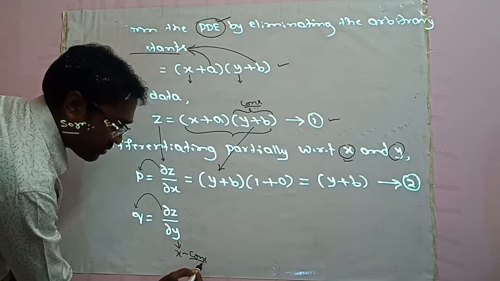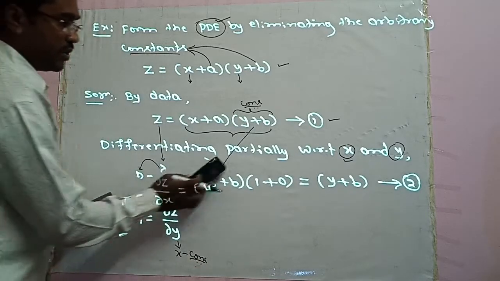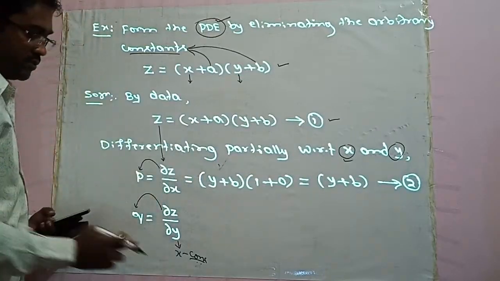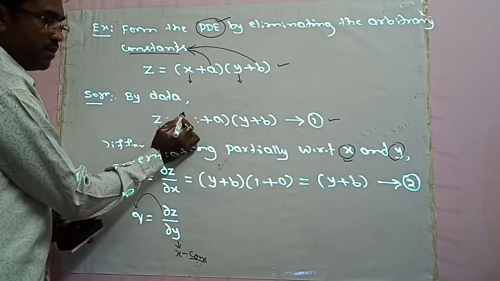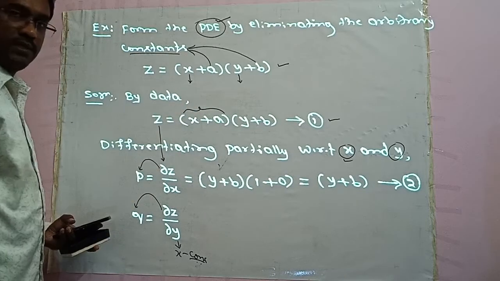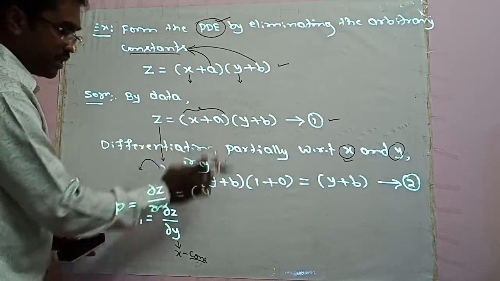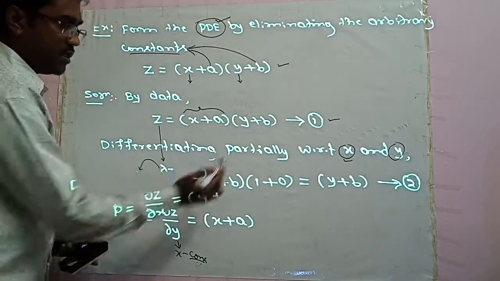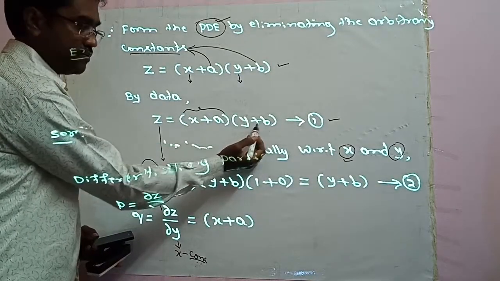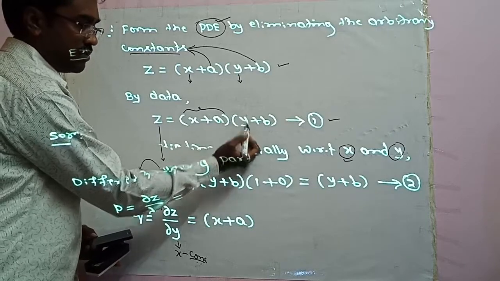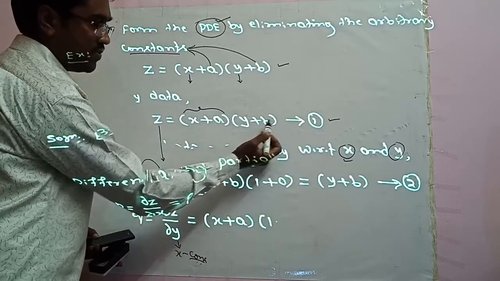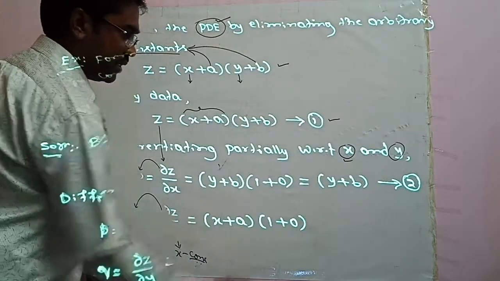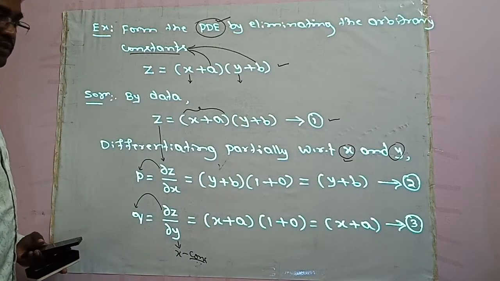We treat x as constant, so this whole term will remain constant. We write this constant as it is, x plus a as it is. Differentiation of y is 1 plus differentiation of b will be 0. So this gives only x plus a. Call it as 3.